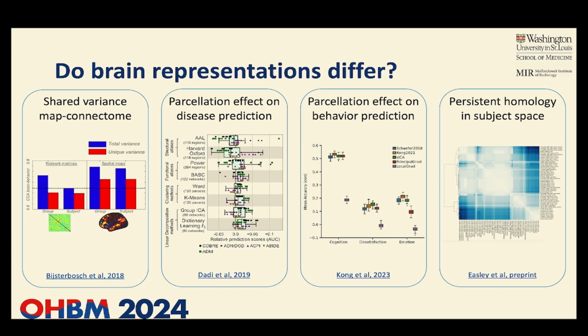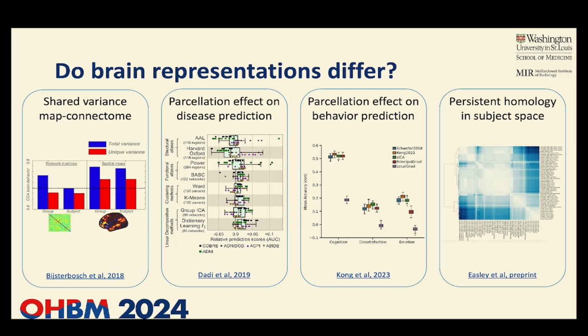So with all this sea of options that I've laid out here, one question that you might have is, well, do these brain representations actually differ? These are some studies that have been done over the past few years that provide somewhat of an answer to this.